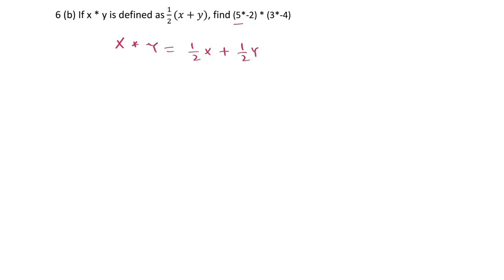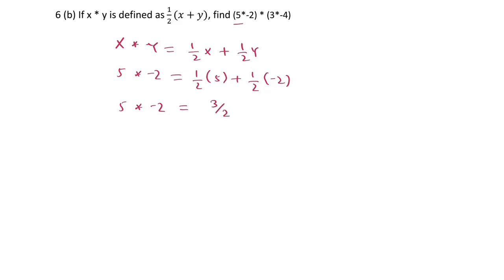Our equation is going to be 5 star negative 2 equals 1 over 2 times 5 plus 1 over 2 times negative 2. Okay, so solving this, we are going to have 5 star negative 2 equals 3 over 2.